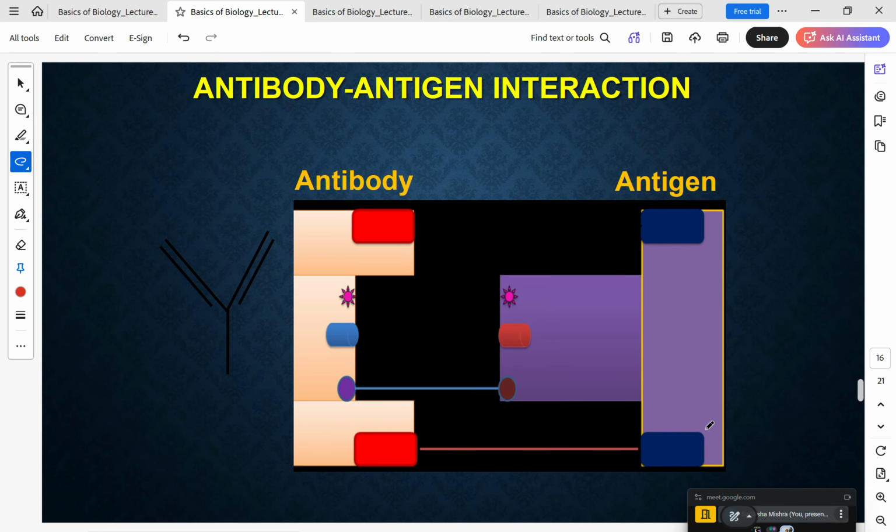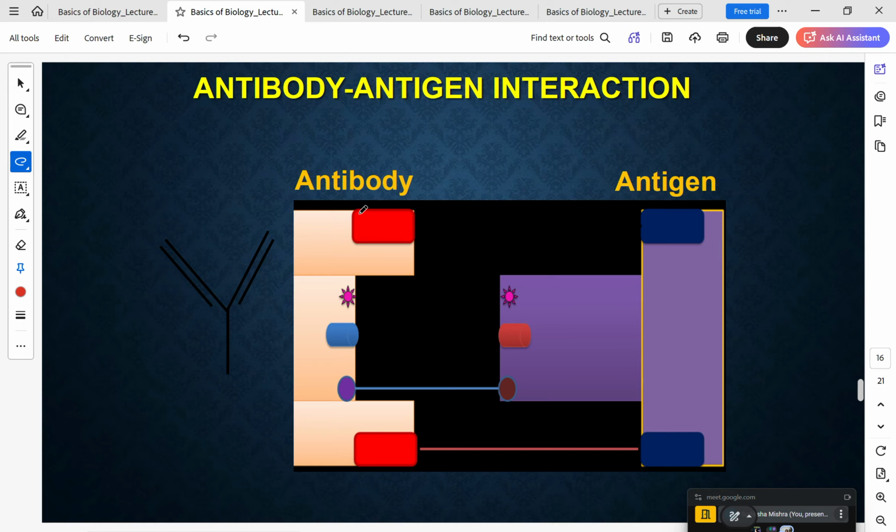The antigen antibody interaction follows a mechanism known as the lock and key mechanism, wherein the antibody forms the lock and the antigen the key. The antibody antigen interactions happen because there are a lot of complementary sites on both of these molecules.